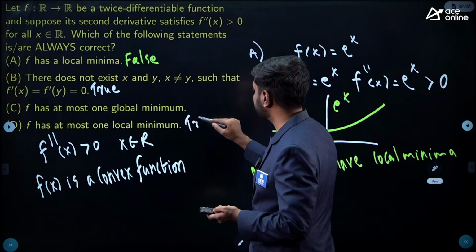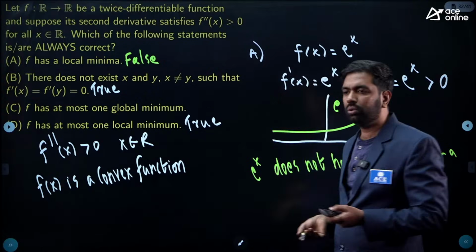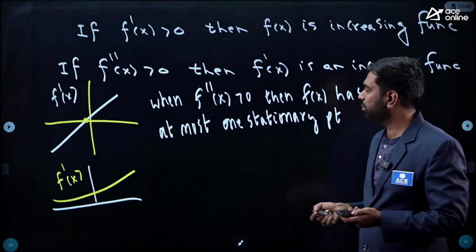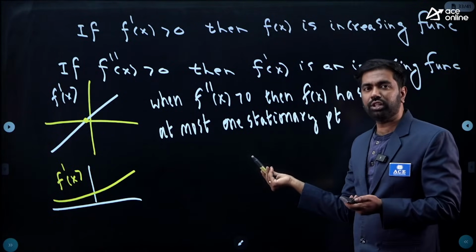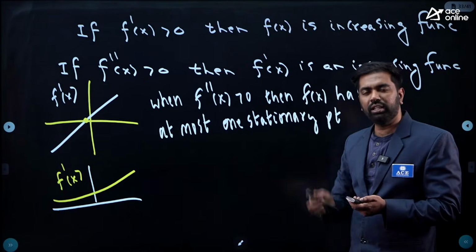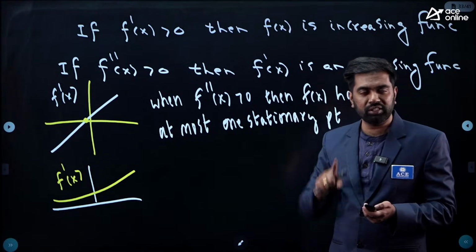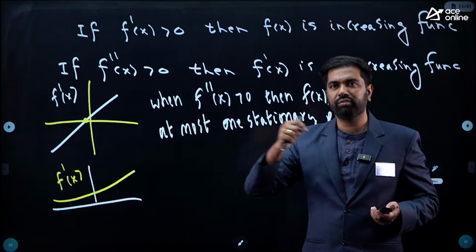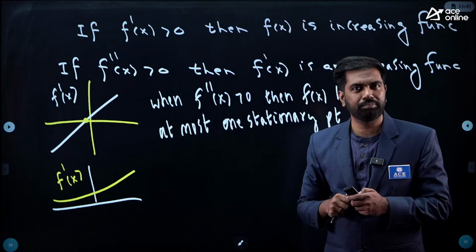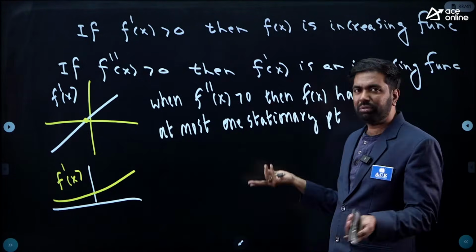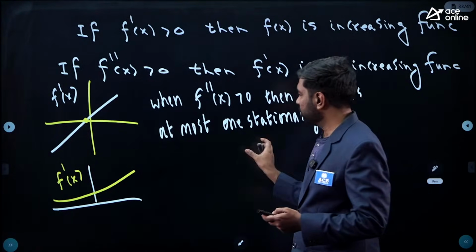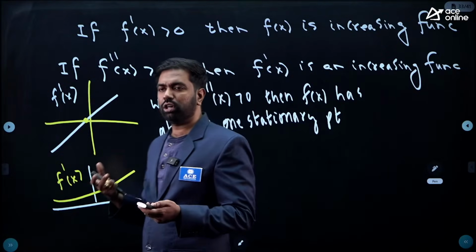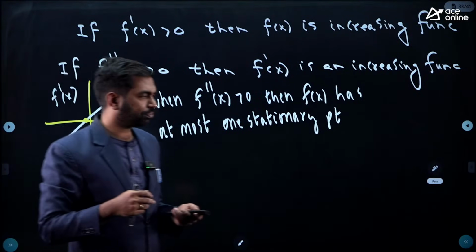This is true. Sir, how do you know that it will be at most one local minima? First of all, I have confirmed that there is at most one stationary point. In the case of one stationary point, the second derivative is positive, hence it's definitely a local minima. So at most one stationary point leads to at most one local minima.